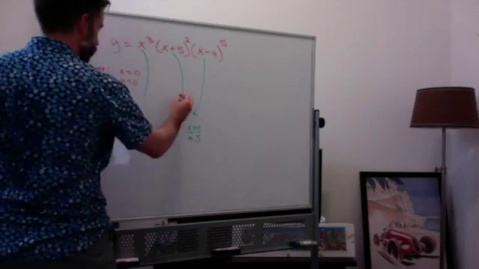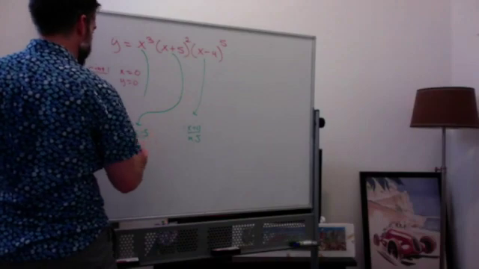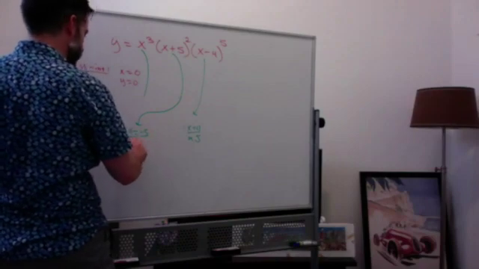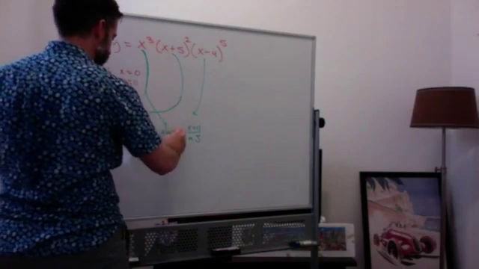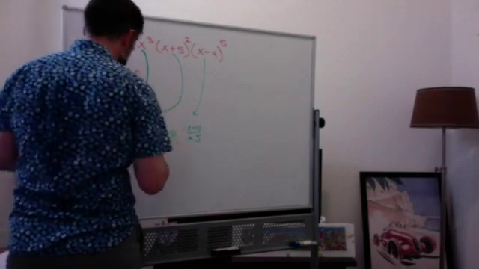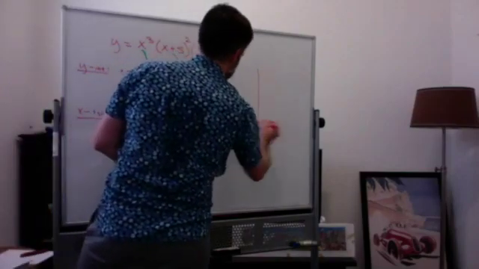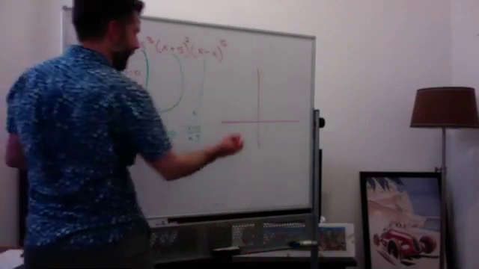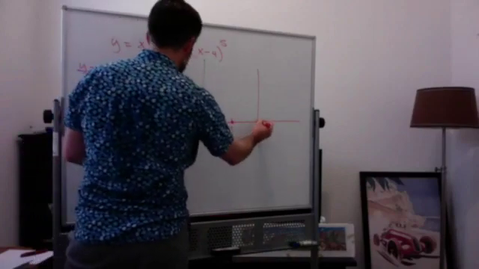Not that you need to redo this, but it's kind of nice. X equals -5 has multiplicity 2, and x equals 0 has multiplicity 3. So when I graph them, -5 is over here, and then 0, and then 4.